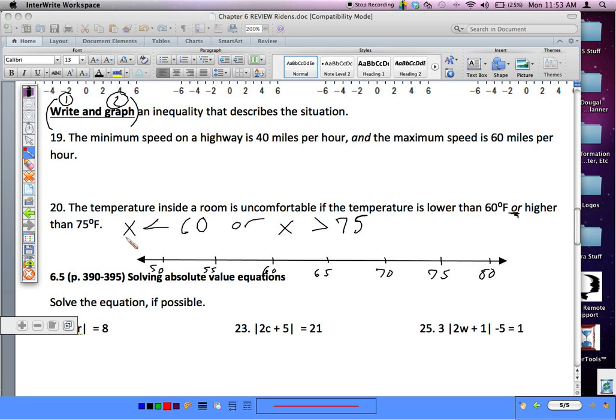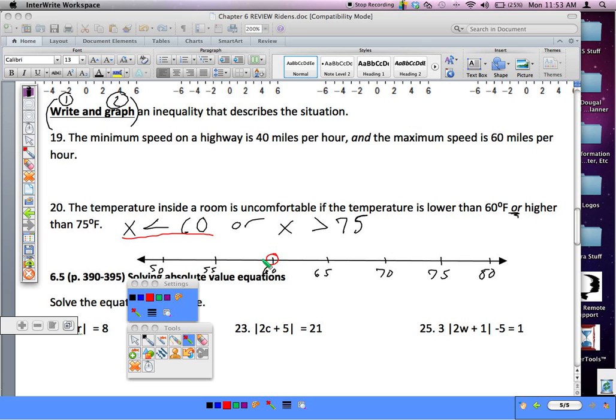What type of circle goes in this first situation? Open. And which way does it shade? To the left. We know that because my variable is lower than that number. Okay? How about my second situation?